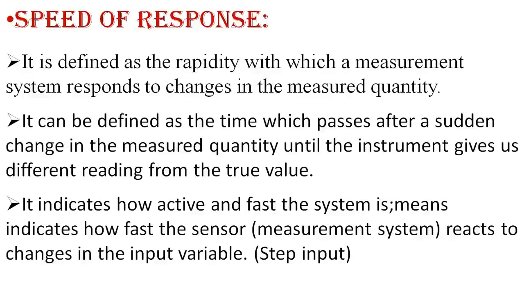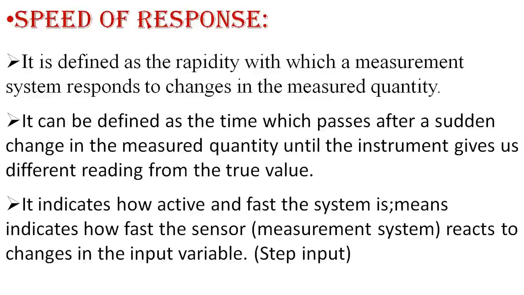When we give an input, and the time required to generate an output is minimal, then we say the speed of response of that instrument is good. It can be defined as the time which passes after a sudden change in the measured quantity until the instrument gives a different reading from the true value.